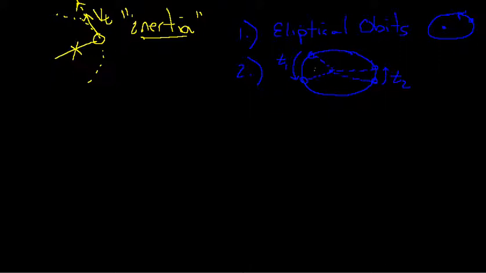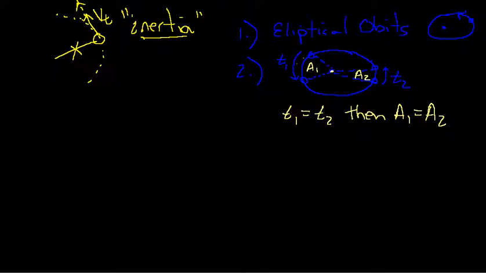The area in this one is area 1, and the area here is area 2. Kepler's second law says that in equal time intervals, so if t1 is equal to t2, then area 1 is equal to area 2. So in equal times, the planet will sweep out equal areas from the focal point, one of the two foci of the ellipse that it's orbiting.